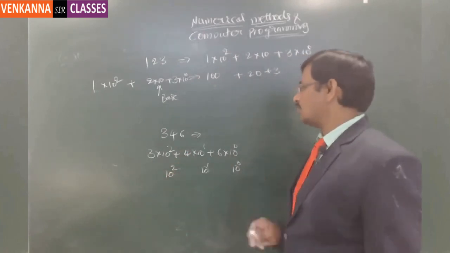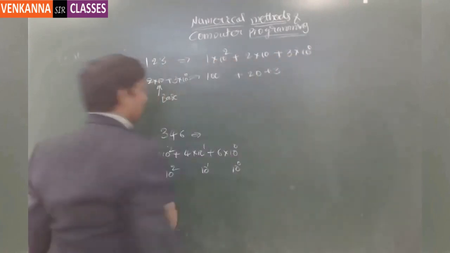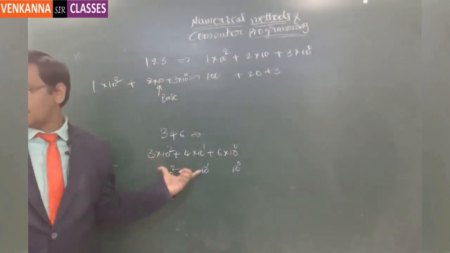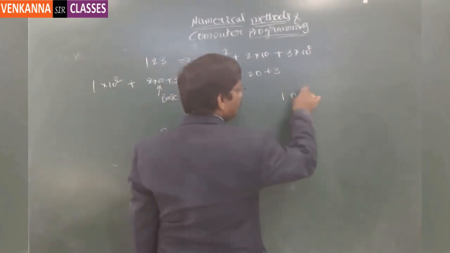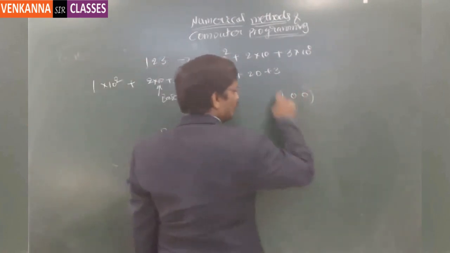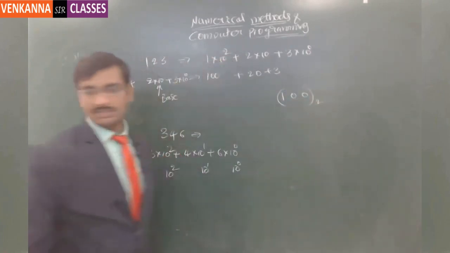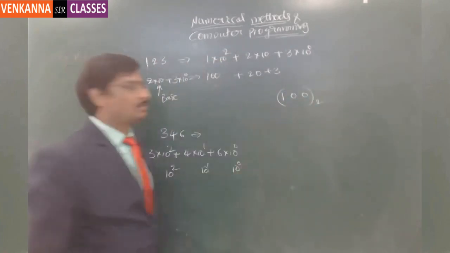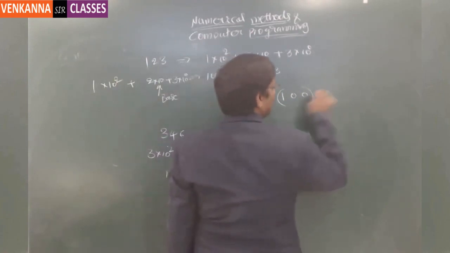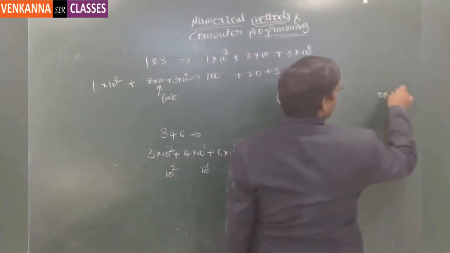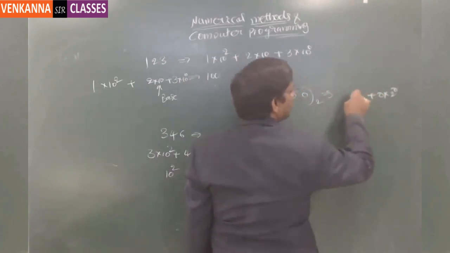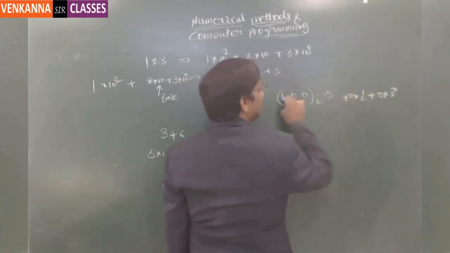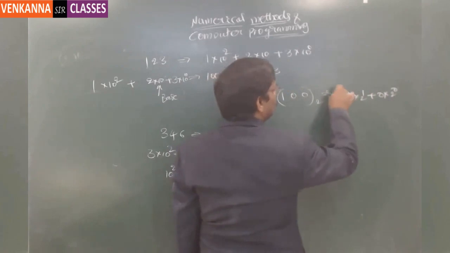Got it? So in exactly the similar manner, depending upon the number system we are going to use, suppose I say 100 in base 2 number system, which is the binary number system, then this can be treated as 0 into 2 power 0 plus the second 0 into 2 power 1 plus this first number into 2 power 2.